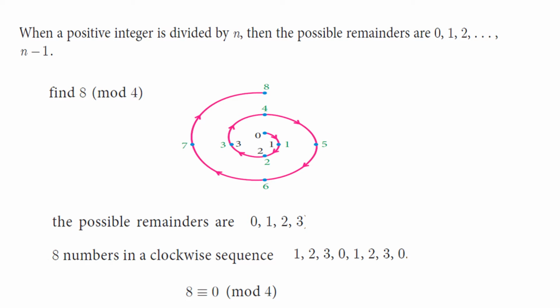That is 1 is 1, 2 is 2, 3 is 3. Again you start with 4 as 0, 5 is 1, 6 is 2, 7 is 3, and 8 is 0. So the answer is 8 congruent 0 mod 4.